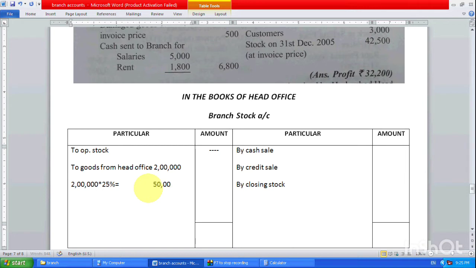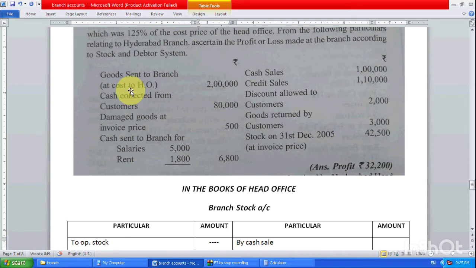So goods from head office is 2 lakh, and 25% extra, 2 lakhs into 25%, is overall how much? 2,50,000. How is it possible? The total goods sent by head office is 2 lakh, and 125% means the value is 100% plus 25% added to this 100%. That's why we have taken 25% of 2 lakhs, and that's why it became 2,50,000.